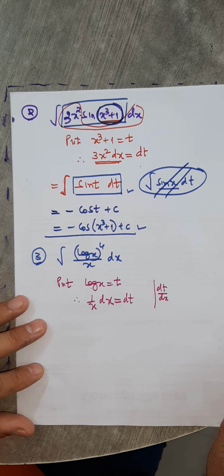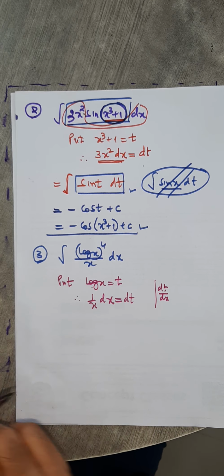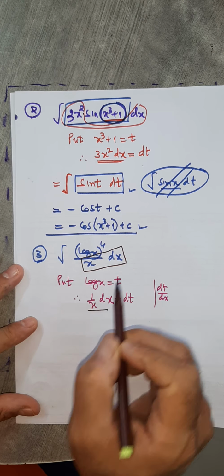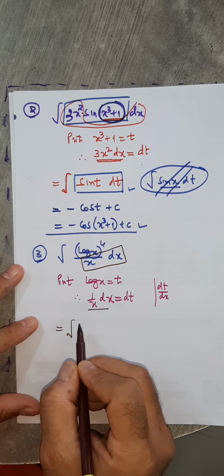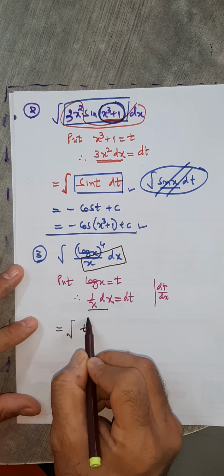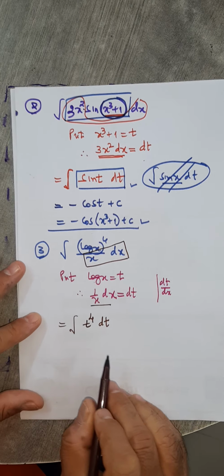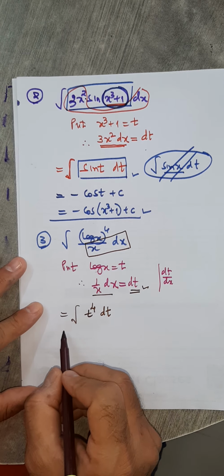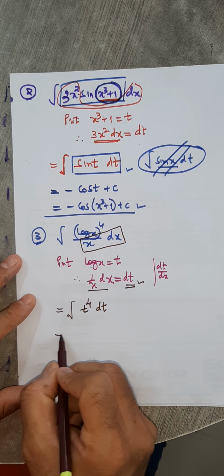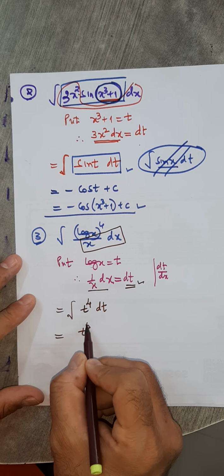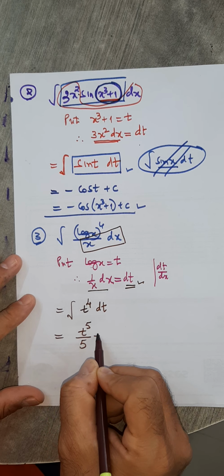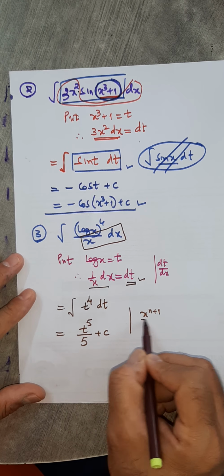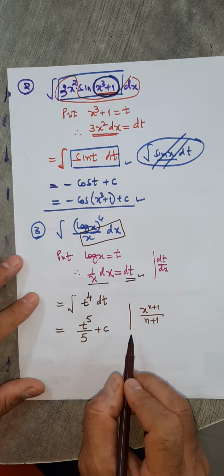Now you see here, this much is already ready with you. x dx, this is already there in the function. So this is equals to t raised to 4 dt. t raised to 4, x dx becomes dt, the new variable. Now can you integrate t raised to 4? Yes. That is nothing but t raised to 5 upon 5 plus c. Raise the power by 1, if you remember, x raised to n plus 1 upon n plus 1, that's the formula.